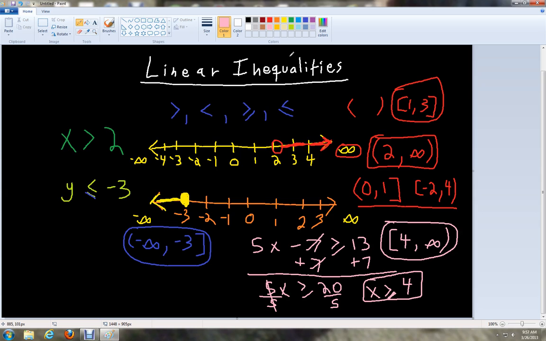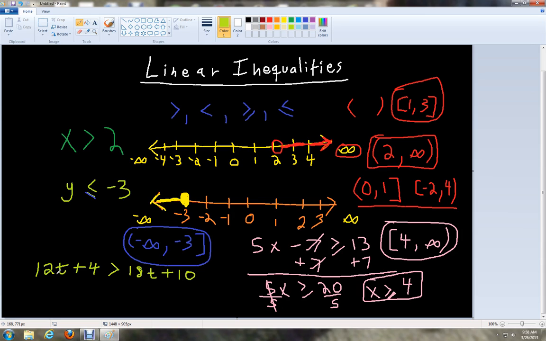Let's try one more. Let's say we have the variables on both sides. 12t plus 4 is greater than 18t plus 10.